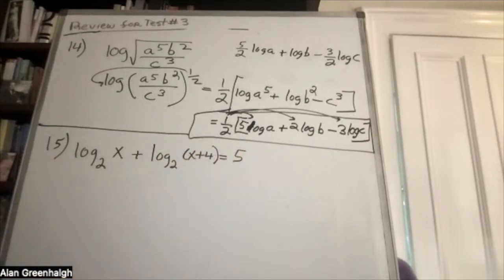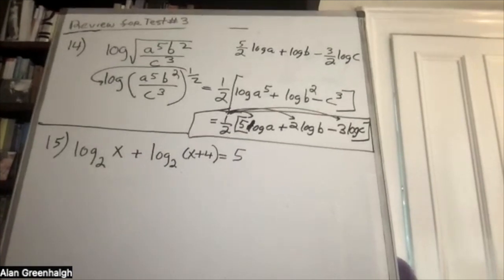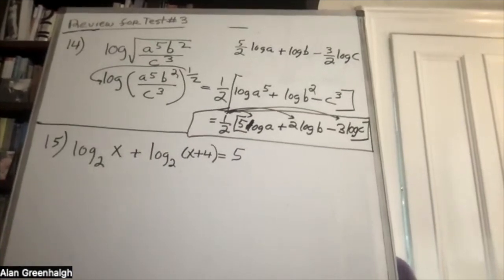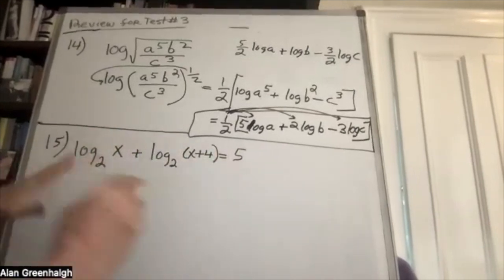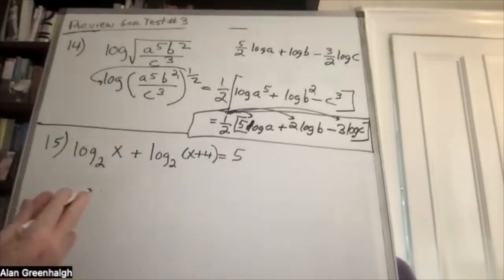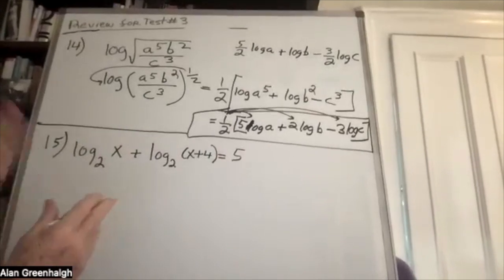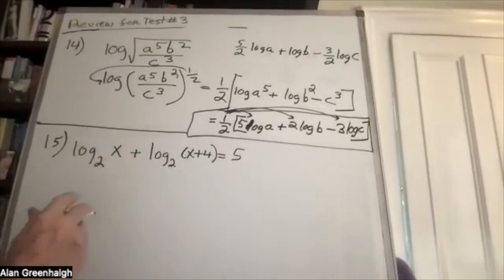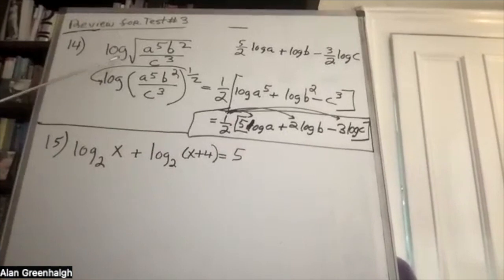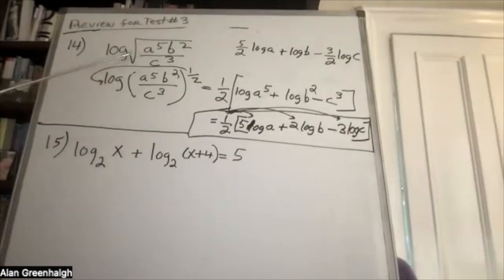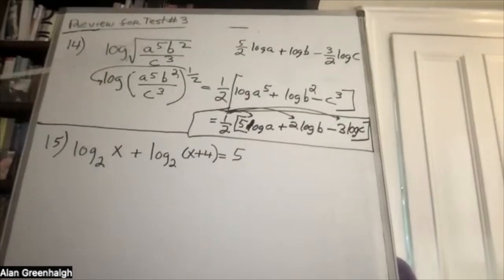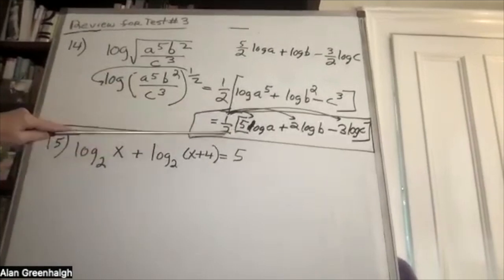What we did in the previous problem is called a logarithmic expansion, because we took this and expanded it to look like that.